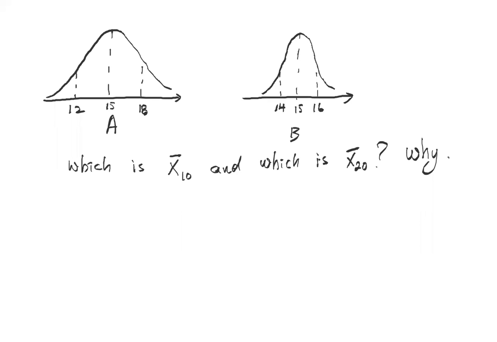Which is X bar 10 and which is X bar 20? Why? B is smaller spread. So, yeah. So how are you going to answer this in a better way? Because the larger the value of N, the better the approximation will be. So you have to compare the N.